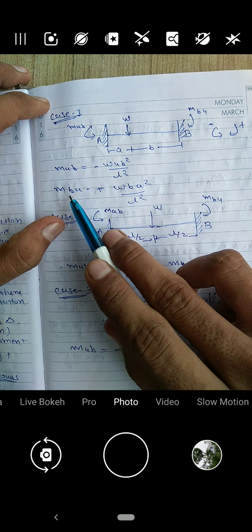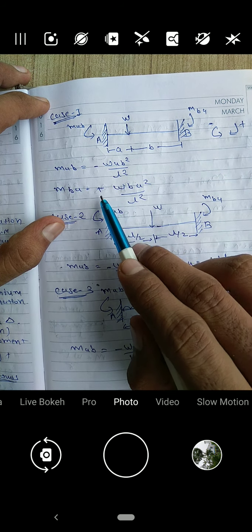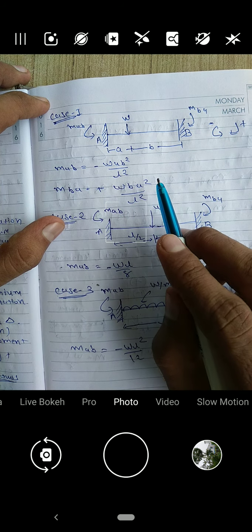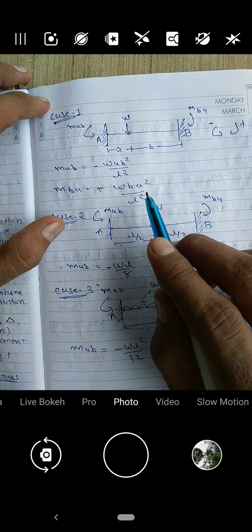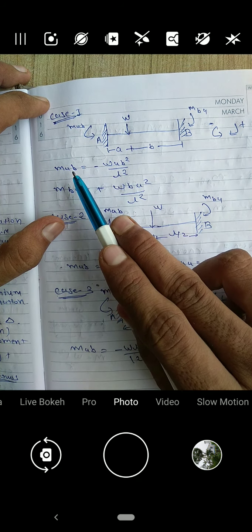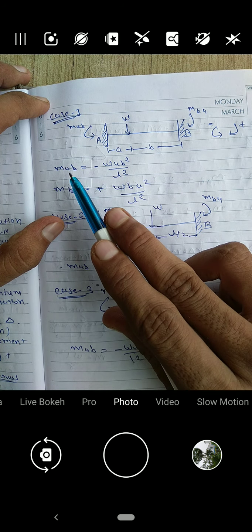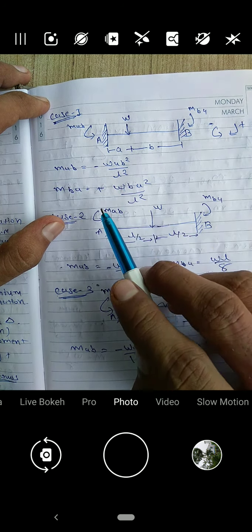Then MBA is in a clockwise direction, and the equation is W b a square by L square. This is a trick: MAB is equal to minus W a b square by L square, then MBA is equal to W b a square by L square. Okay, this is a trick. Now case 2.